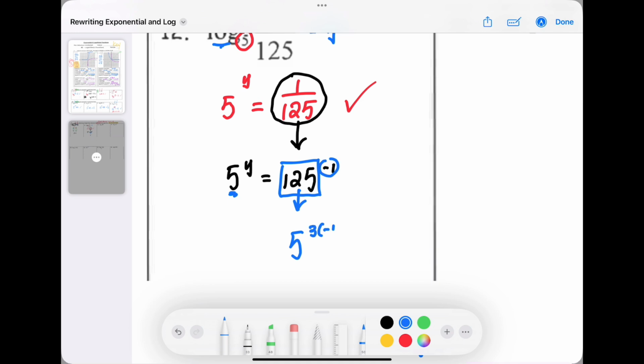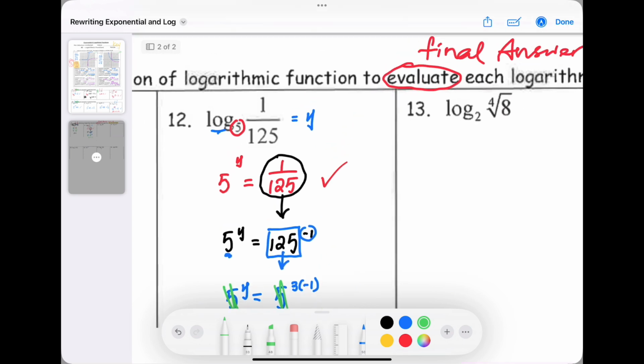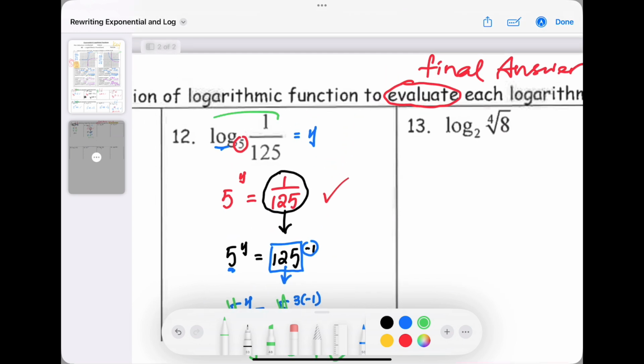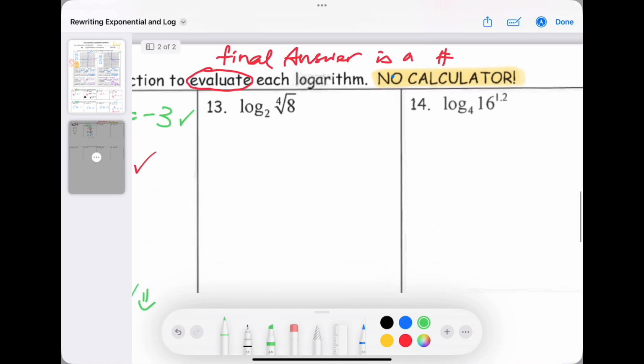Now, don't forget you have the negative 1 originally. So when you drop down and do the housekeeping, Ms. O said, all about the base. Base the same, cancel out. So y is equal to negative 3. Ooh la la. So evaluate just tells you this ugly log expression is finally equal to negative 3. Good. Moving on.